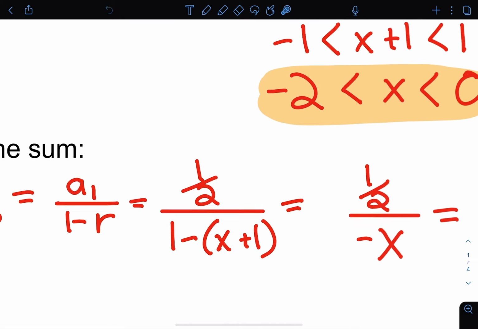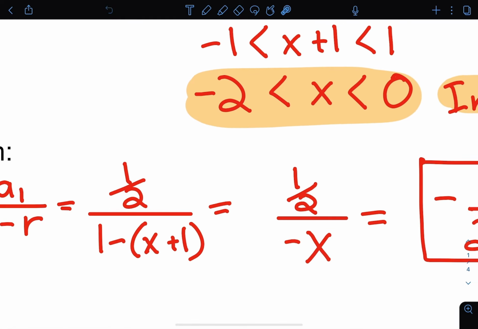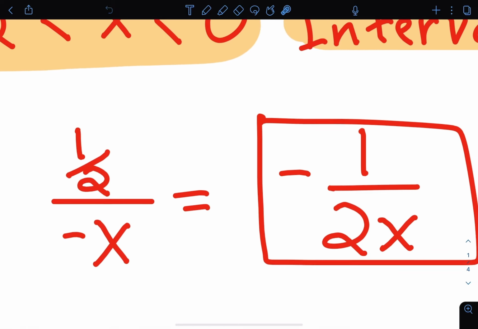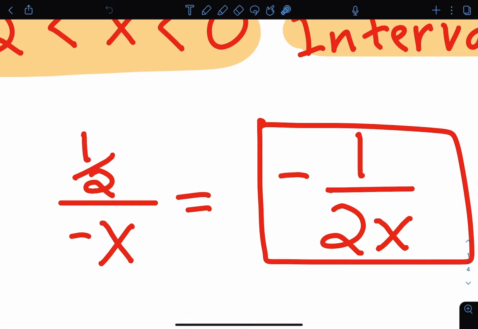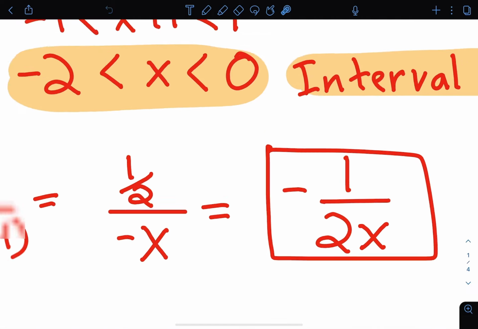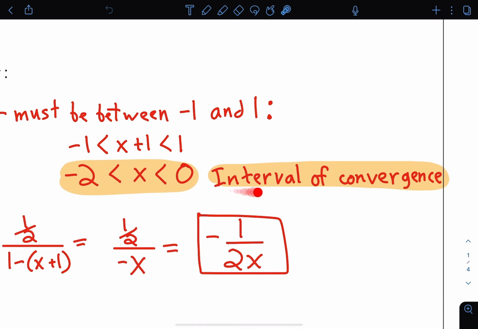So now we just go ahead and simplify this. 1/2 over the 1's cancel. We get -x. And we can go ahead and rewrite this as -1 over 2x. But again, this is not true for all x's. Again, the only way that that series converges is when x is between -2 and 0.